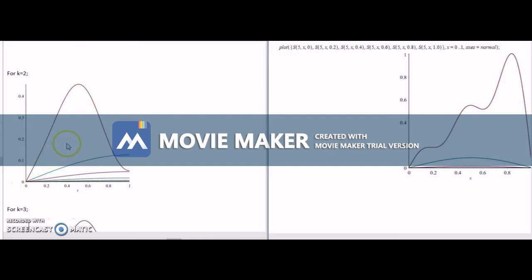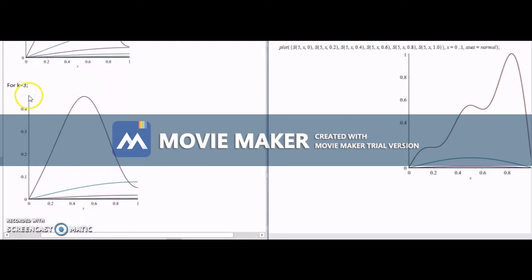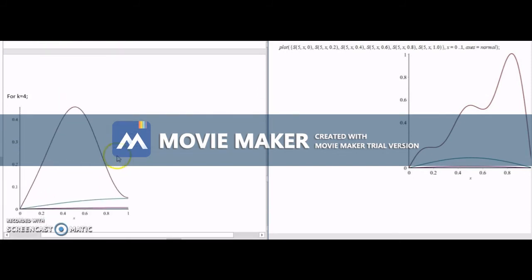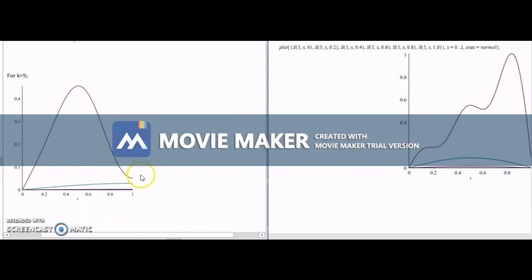When k equal to 3, the graph always decreases until k equal to 5, the graph maybe reaches the origin.